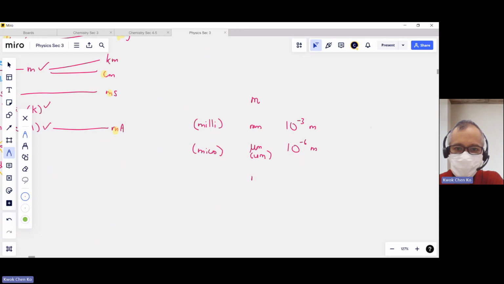Then you go further down, you have nanometer. And perhaps you can deduce what is the value here. That would be 10 to the power minus 9. Further down, you have picometer. That would be 10 to the power minus 12.